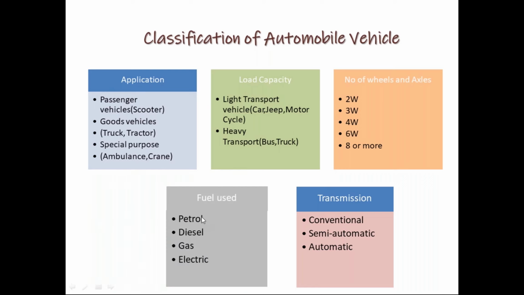Then the usual classification everyone knows is what type of fuel is used in the vehicle: petrol, diesel, gas, and electric. Petrol and diesel were very popular, but due to their increasing cost, gas vehicles have got much more importance nowadays, and our future may be related to electric vehicles.